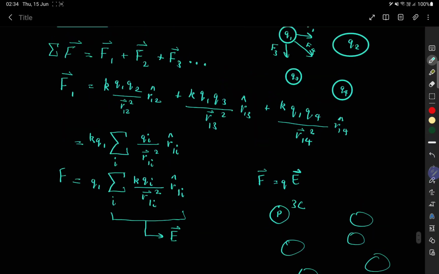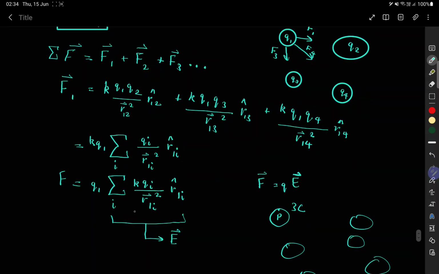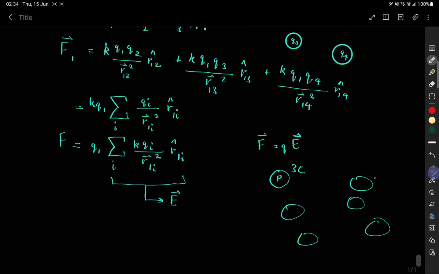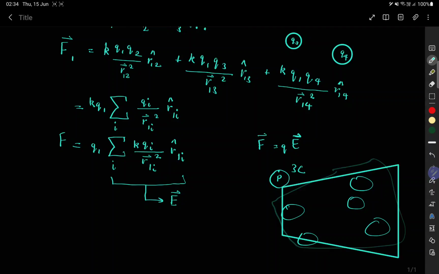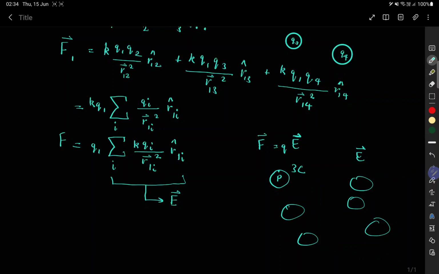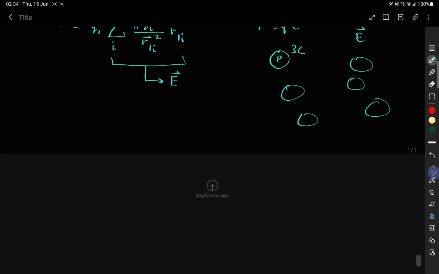Now you can't calculate this entire value over and over again for different charges. So it makes more sense to define a quantity for this entire network of charges, and we define that as E. That should represent not the average, but the resultant force that is experienced by each unit charge entering the vicinity of this network of charges.